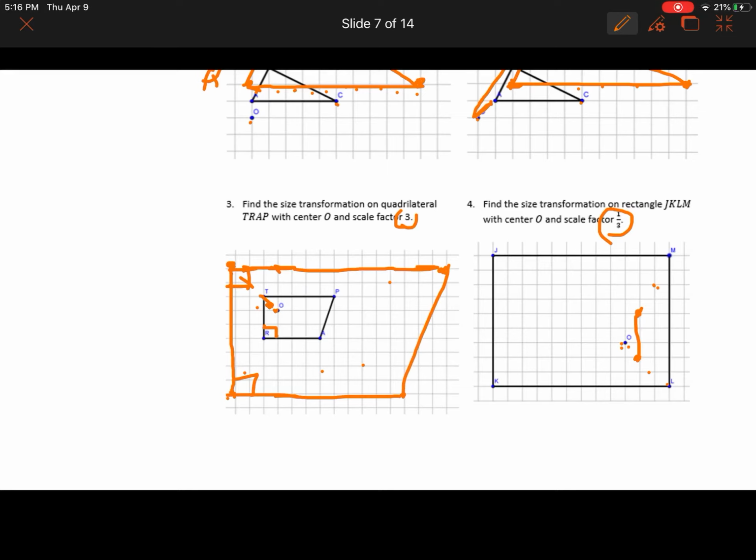And from O down here, we're going down 1, 2, 3, 4, 5, 6, 7, 8, 9. So down 1 over 3. Down 1 over 3. All right, so there's going to be the image of that one. And I can tell from there, I know it's going to be a rectangle.